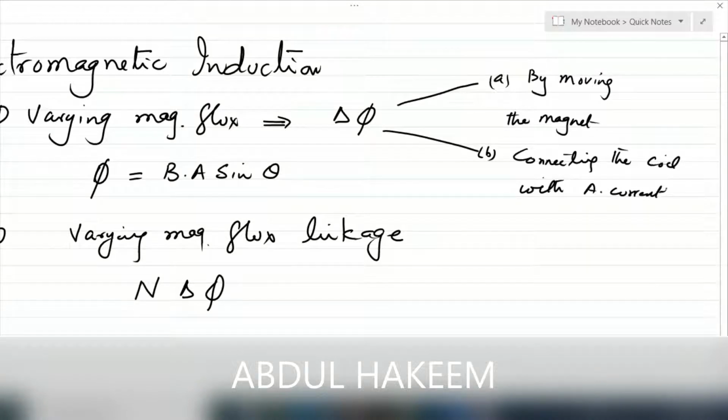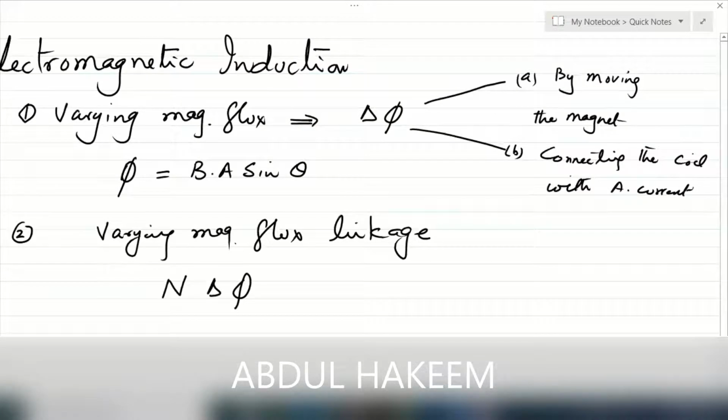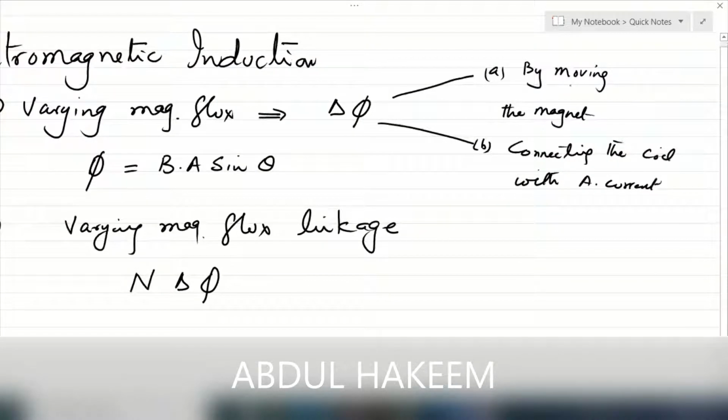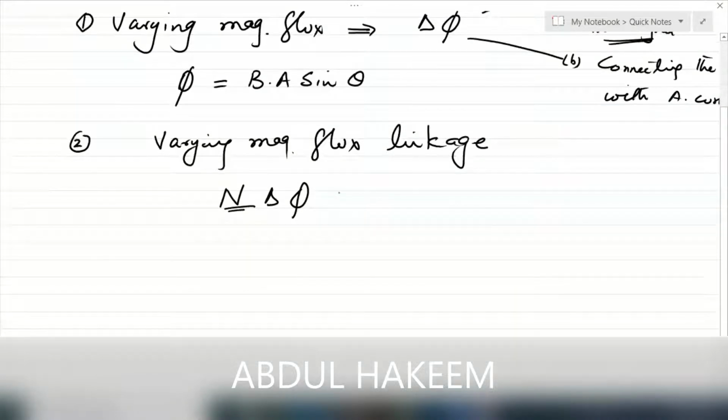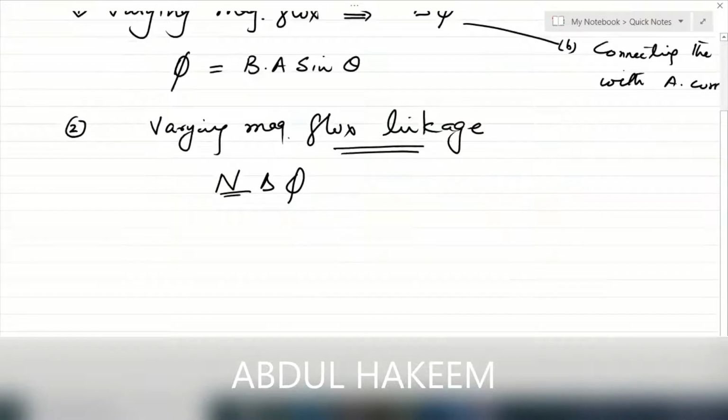These are the two methods to change, to vary the flux. Number one, by moving the magnet, and number two, by connecting the coil. The second requirement is that magnetic flux must be linked with the coil. So it is called N delta phi, and its name is flux linkage.